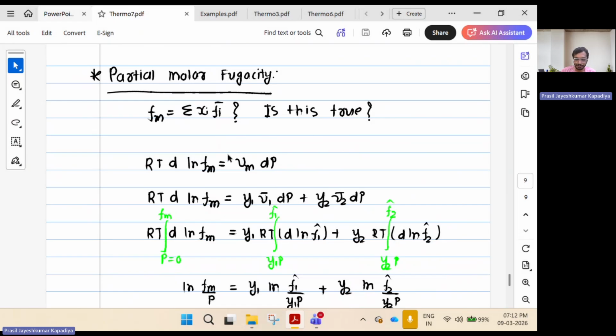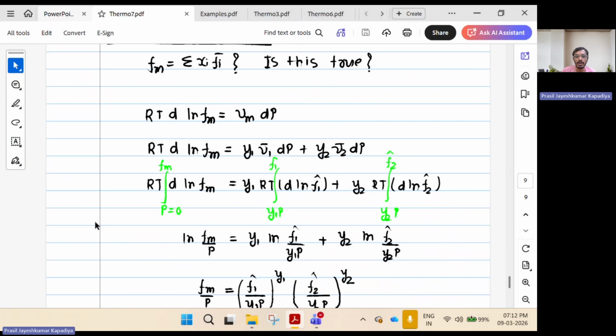Now for the mixture molar volume, I can write that Vm is equal to y1 into V1 bar plus y2 into V2 bar, based on the summability rule. So what can I write? RT into d ln fm is equal to y1 V1 bar dP plus y2 V2 bar dP.